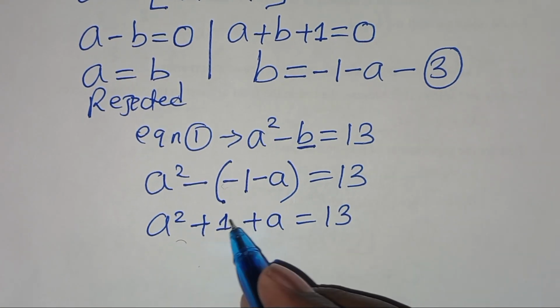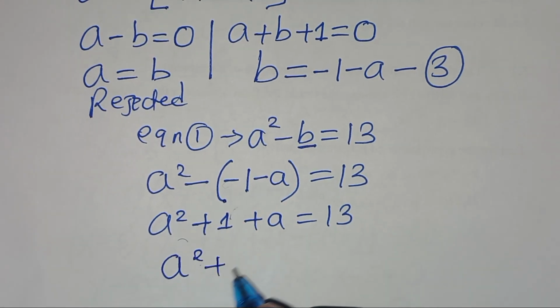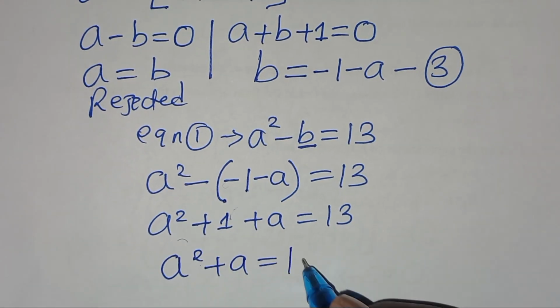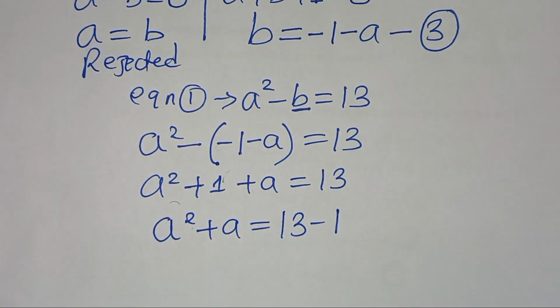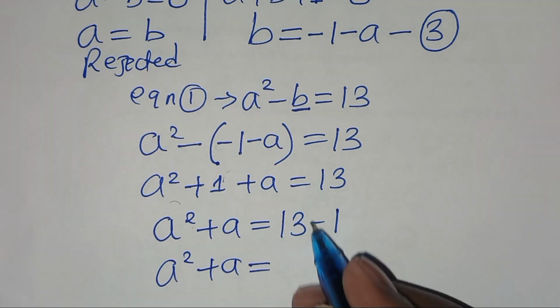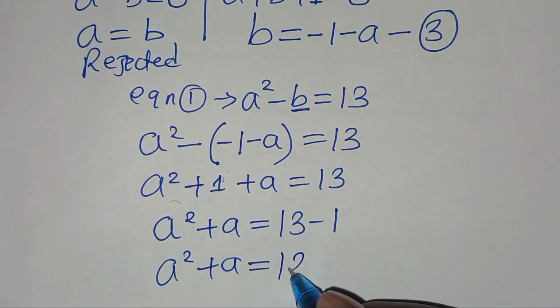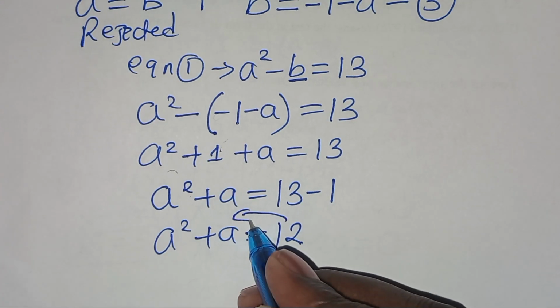So let's take 1 on the right hand side, so that we'll have a squared plus a equal to 13 subtract 1, which is equal to 12. Then let's take 12 on the left hand side.